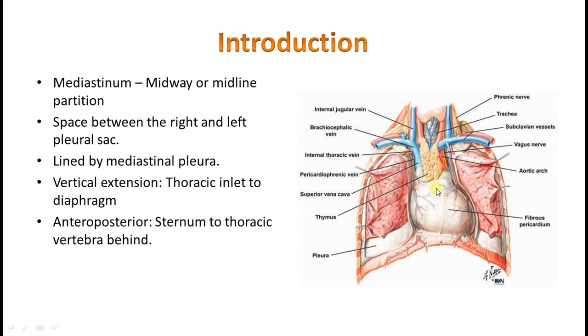And from front to behind, the anterior limit is the sternum, and posteriorly it is the thoracic vertebra. Anteriorly it is limited by the posterior surface of the body of the sternum, and posteriorly by the bodies of the vertebra and the intervening intervertebral discs.